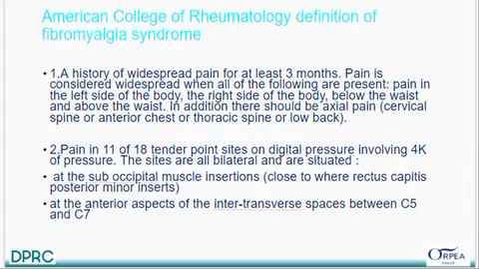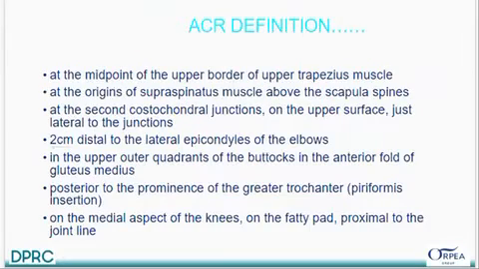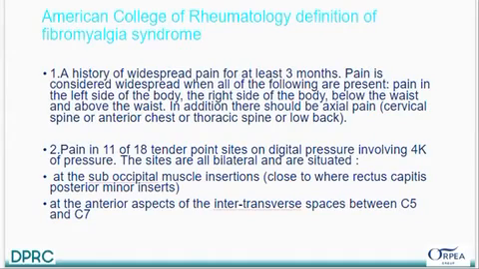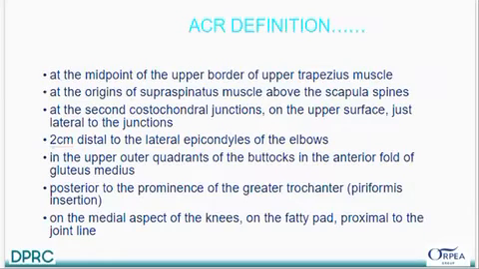The sites are as below and bilateral: at the suboccipital muscle insertion; at the anterior aspect of the intertransverse spaces between C5 and C7; at the midpoint of the upper border of the upper trapezius muscle; at the origins of supraspinatus muscle above the scapular spine; at the second costochondral junctions on the upper surface just lateral to the junctions; 2 cm distal to the lateral epicondyles of the elbow; in the upper outer quadrants of the buttocks in the anterior fold of gluteus medius; posterior to the prominence of the greater trochanter; on the medial aspects of the knees, on the fatty pad proximal to the joint line.